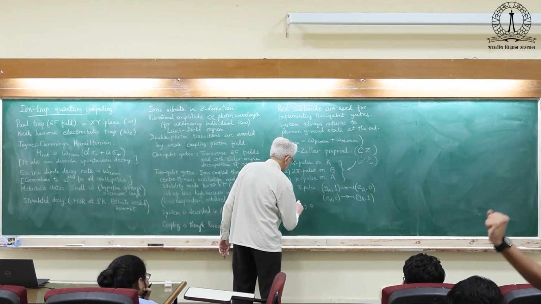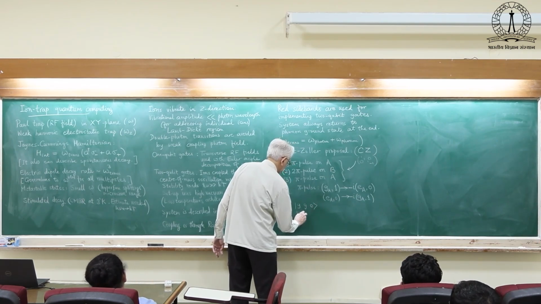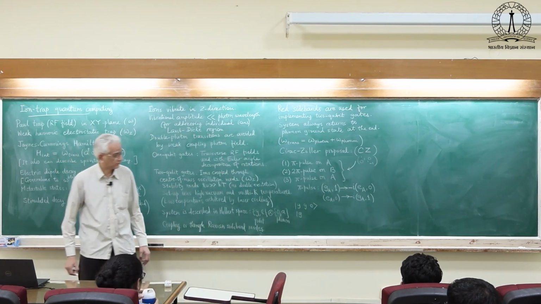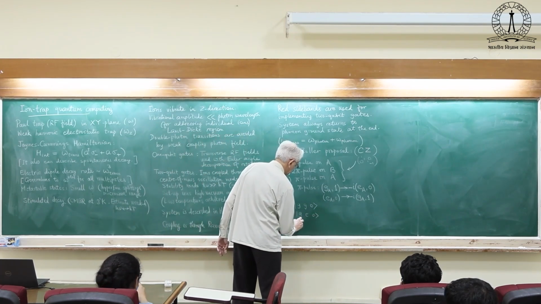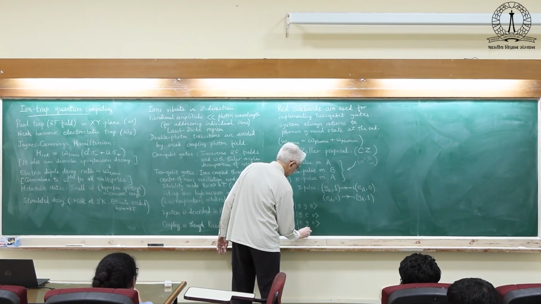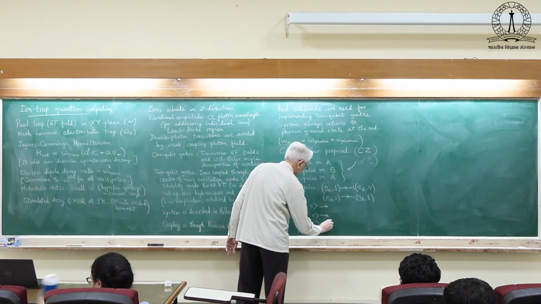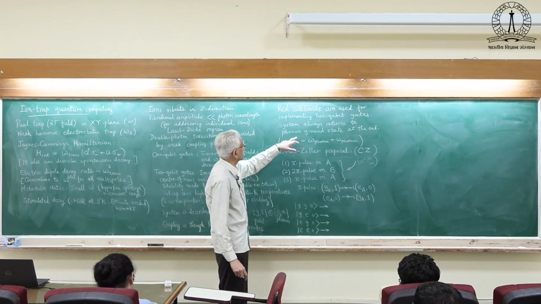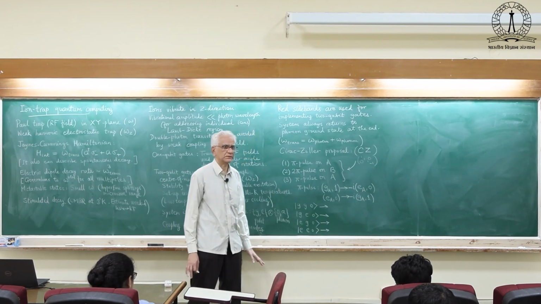I will start with the initial state in some order. There are 4 possibilities. And why is it all 0? Because I assume that at the beginning you are always in the ground state of the phonon.